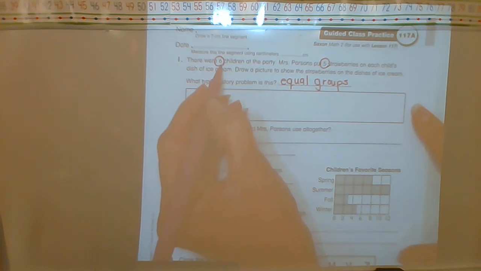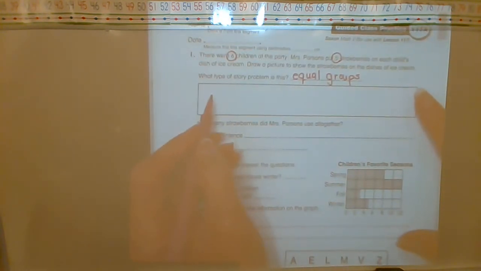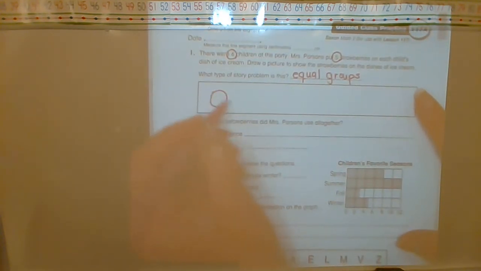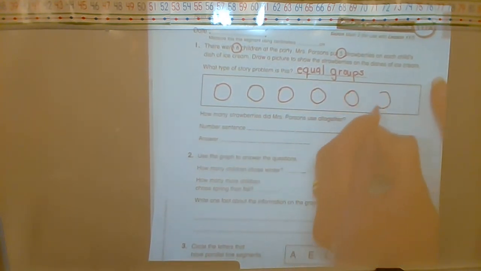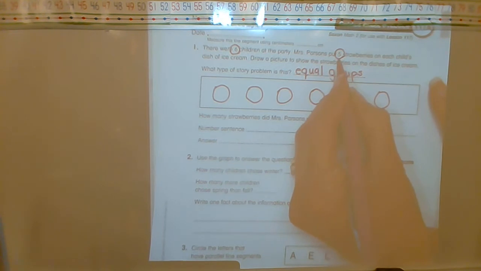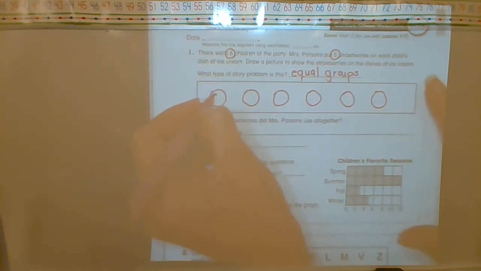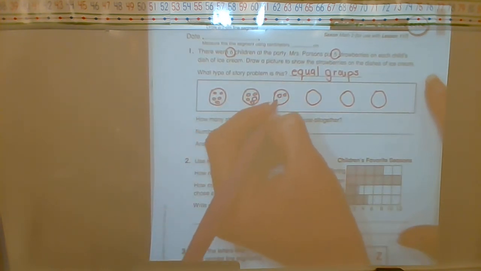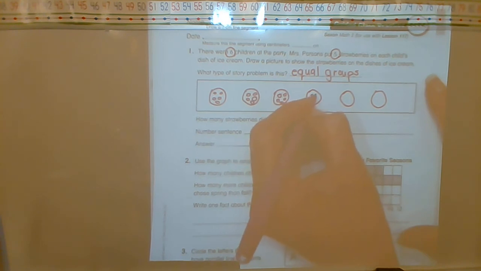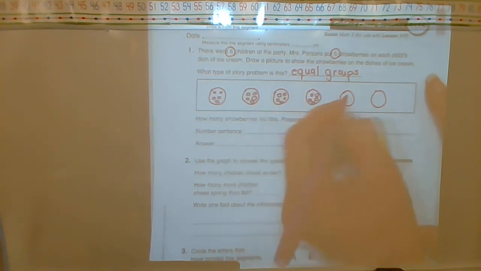Yeah, there are 6 kids, so I'm going to draw 6 dishes. I'm going to be looking at them from the top. 3, 4, 6. And how many strawberries on each one? That's right, 5. 1, 2. I'm glad they picked 5. I'm very good at counting by 5s.